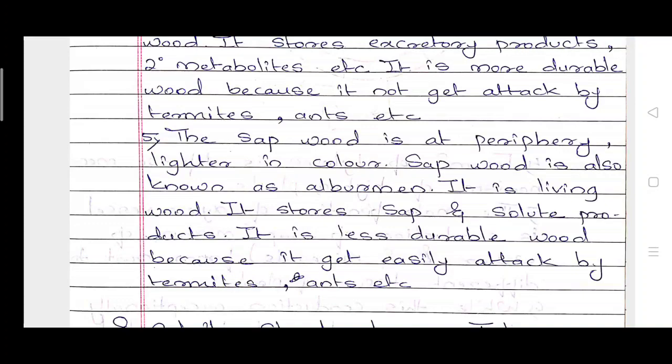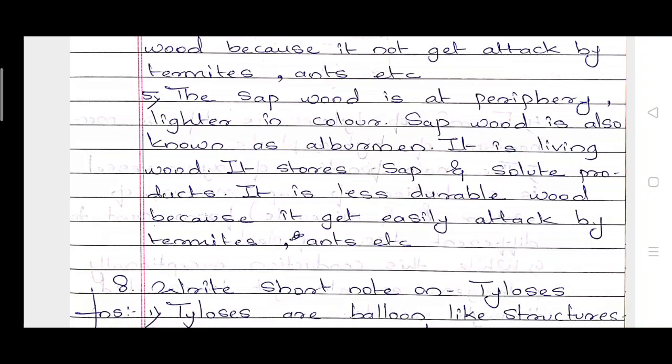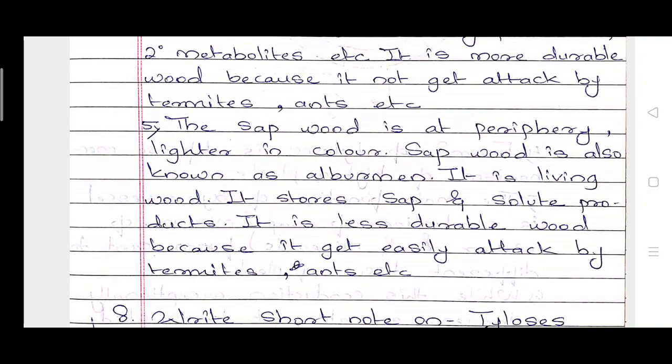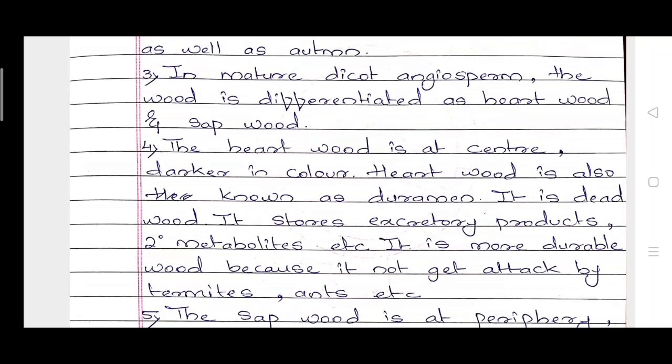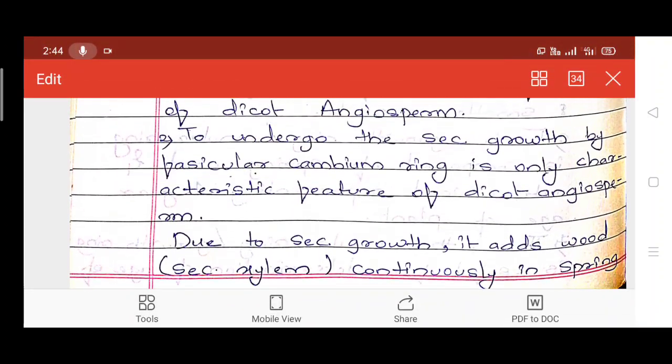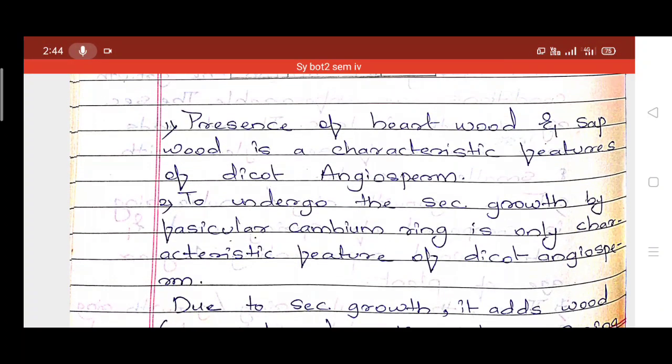So that's why they can easily be attacked by termites and ants. So these are the hardwood and sapwood, which are more present in dicot angiospermic plants. So this is asked for short notes.